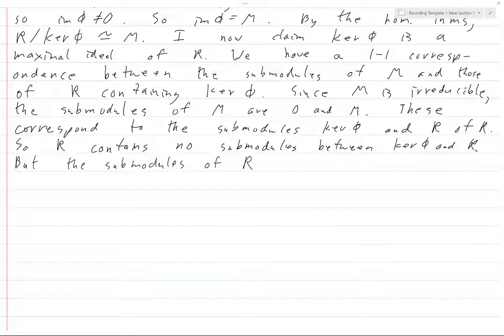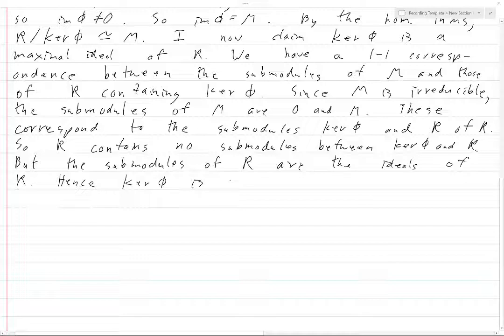Anyways, the submodules of R are the ideals of R, and so there are no ideals between kernel of phi and R. So hence kernel of phi is a maximal ideal. And so there we go, that completes this direction. So we're done with half of the exercise. Hooray!